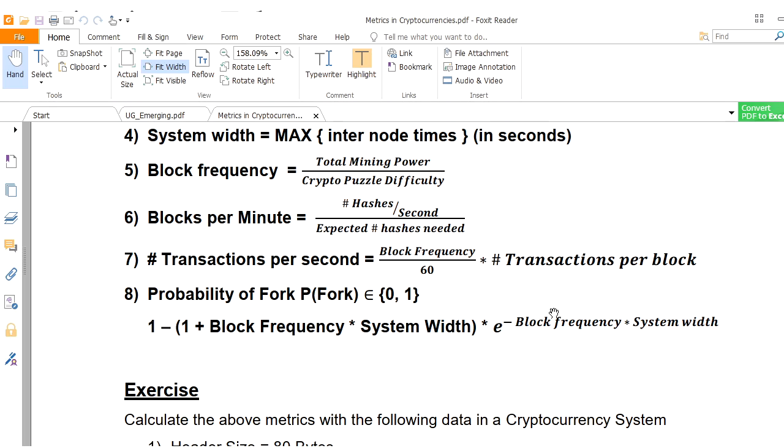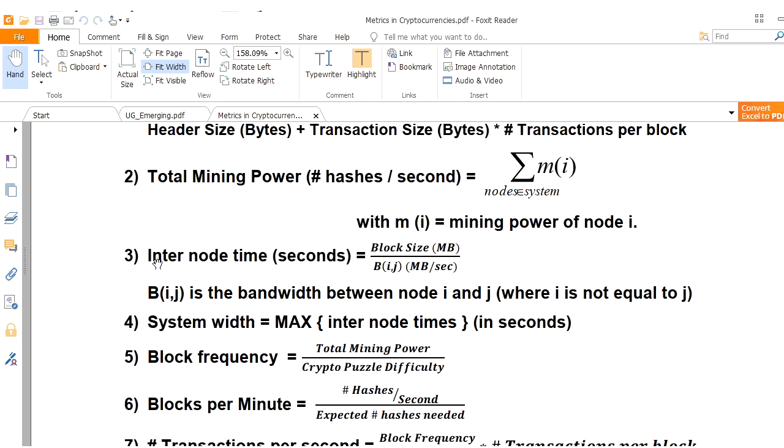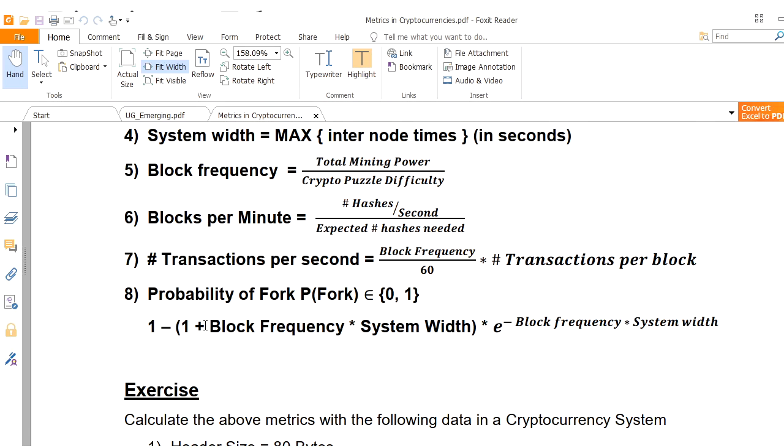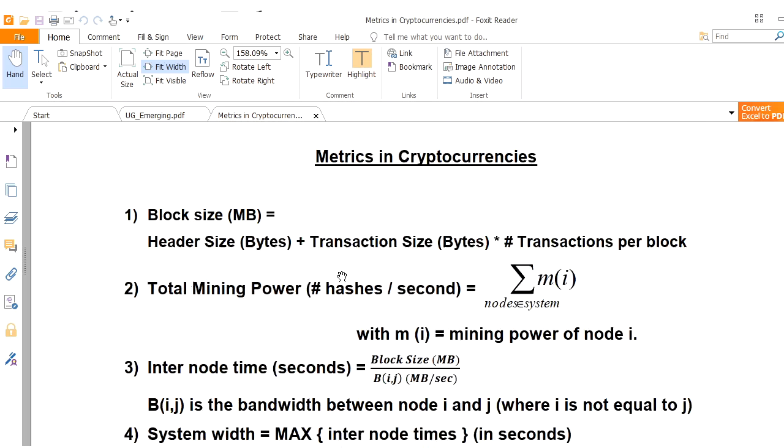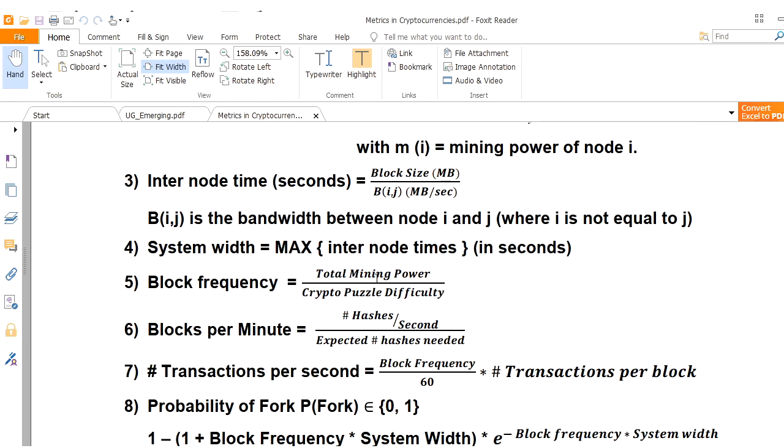Block frequency and system width you might have calculated in the previous metrics. After computing them, substitute the resultant values in this, and you will find the probability of a fork appearing in the cryptocurrency blockchain. So these are the important metrics that need to be considered while designing your cryptocurrencies.